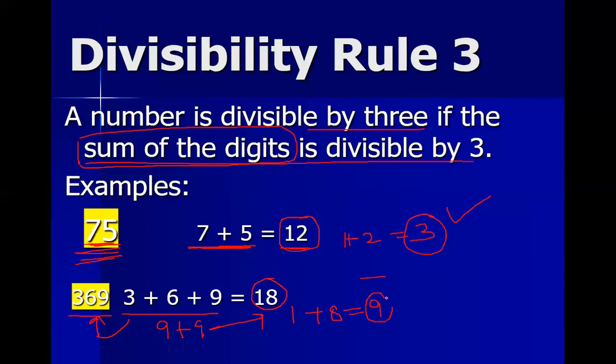Here 9 comes in the table of 3, so we can say that 9 is divisible by 3. So this whole number 369 is also divisible by 3. In this way you have to check numbers by these rules.